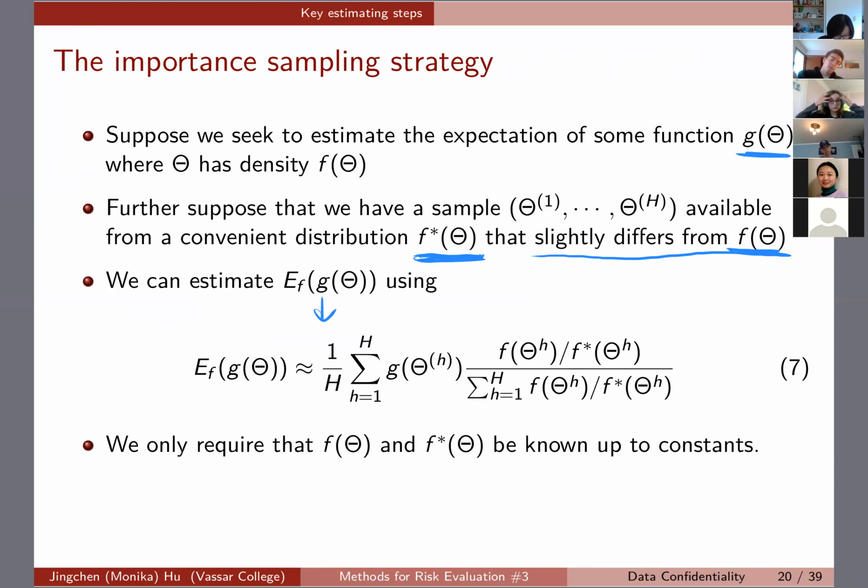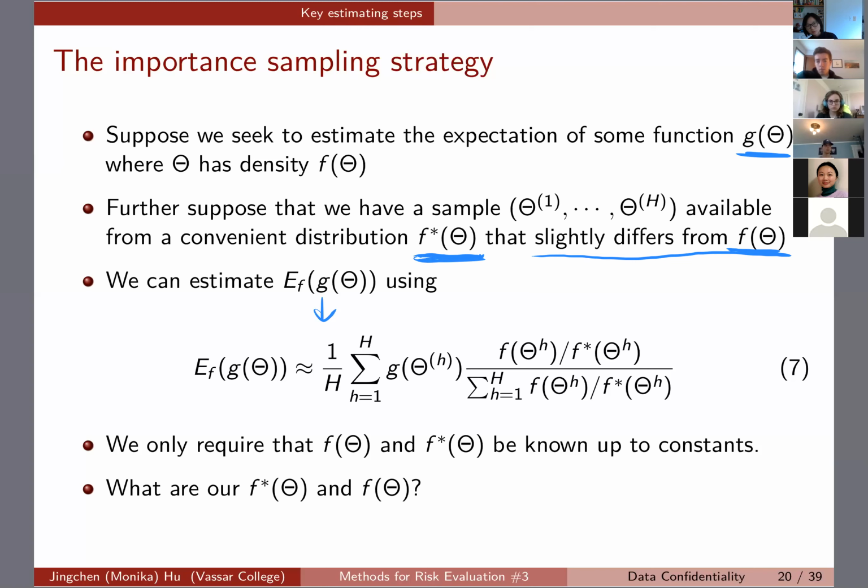So below equation 7 is what we mean by doing the approximation. The math looks a little bit complicated, don't worry about that. But for us, the most important thing I want you to think about, based on what we were talking about so far, is what do you think is our convenient distribution, and what do you think is our target, or I should say, the density distribution f(theta) here.